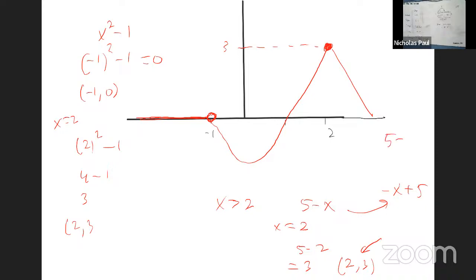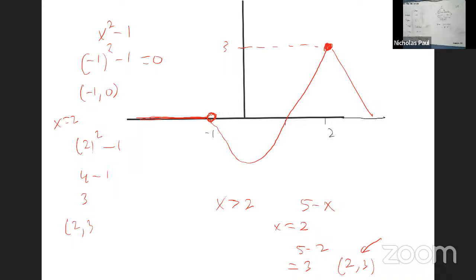They asked me to draw 5 minus x, which is the same as minus x plus 5. So it means that the gradient is minus 1, mx plus c. If you don't like that method, here's what you can do. To draw a line, we need 2 points. We already know x is 2, y is 3.